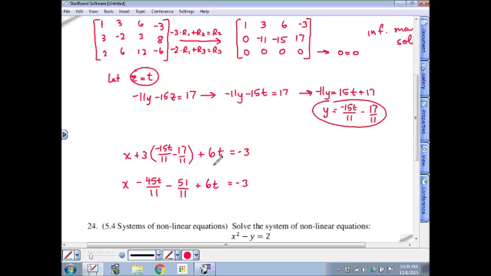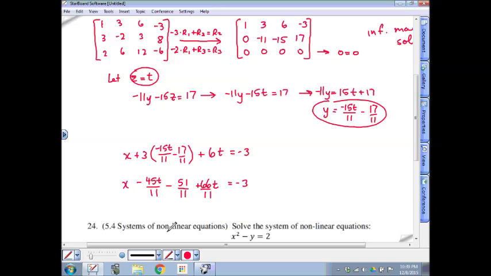Now we've got some like terms to combine. The 6t and the negative 45t over 11 need to be combined, but you have to add fractions with a common denominator, so this becomes 66t over 11 if you multiply by 11 over 11.